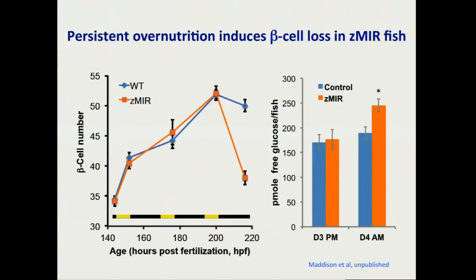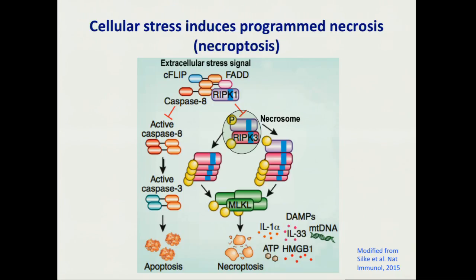Instead, we had to explore other alternatives. We explored necroptosis, because we found that it's not apoptosis. Necroptosis is an alternative pathway to apoptosis.